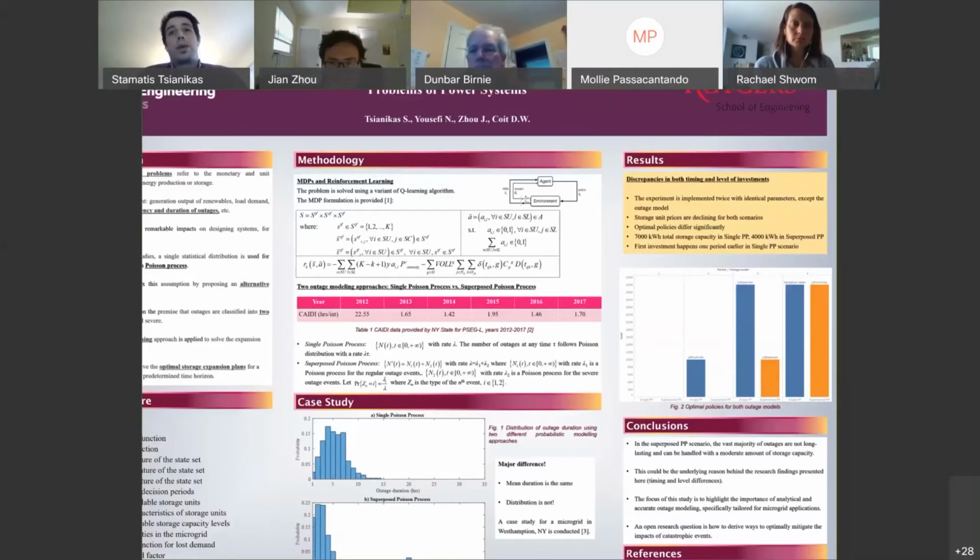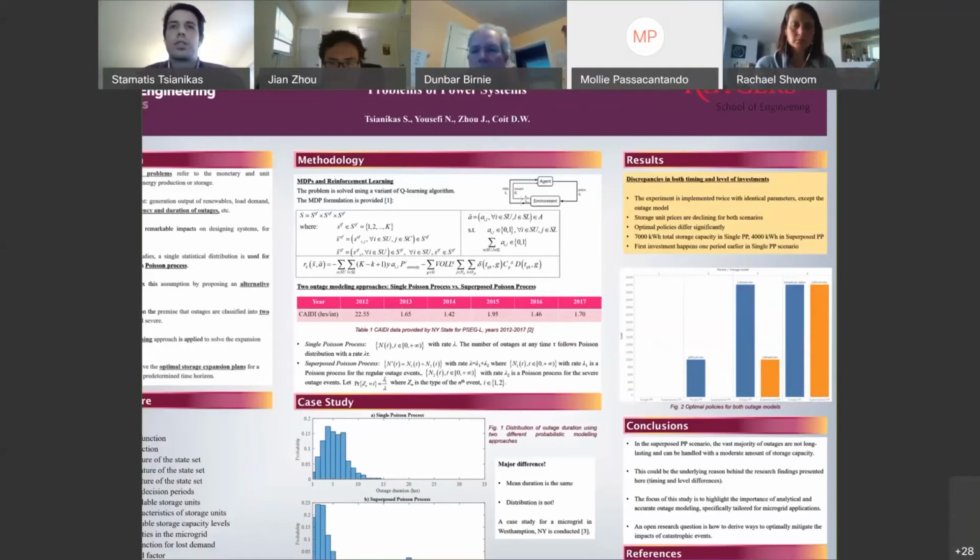The storage unit prices were declining for both scenarios, and we observed that the optimal policies differ significantly, although all the other parameters remain the same. Just because we changed the way that we perceived and modeled outages, we saw different policies. So let's see the results.